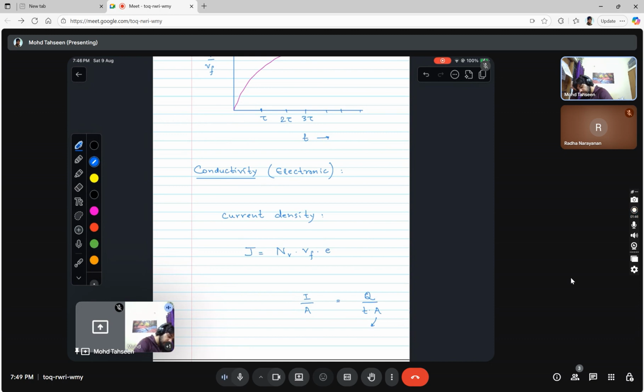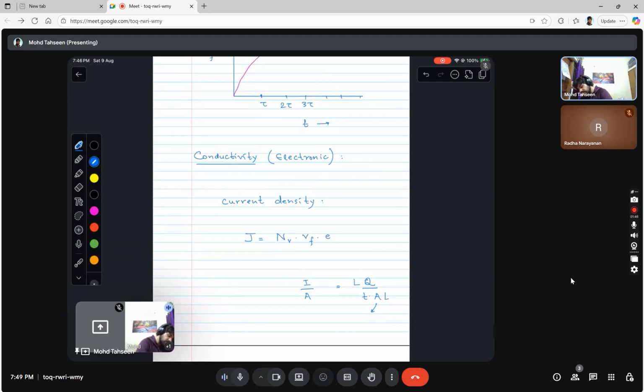If we multiply and divide by length, roughly, for the sake of dimensionality, we will find that this term here is volume and this is velocity.